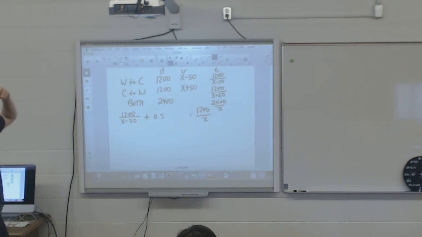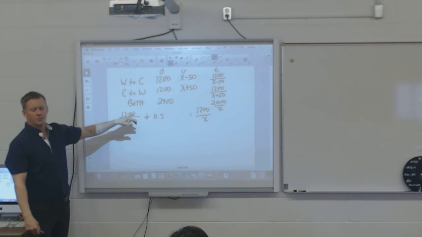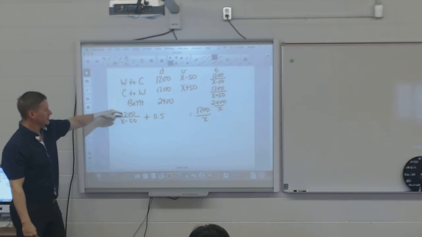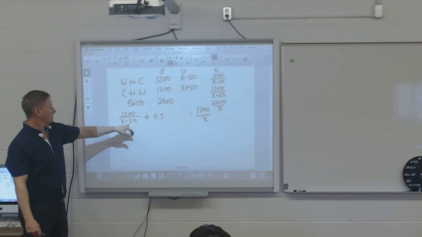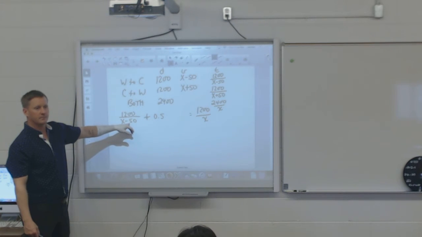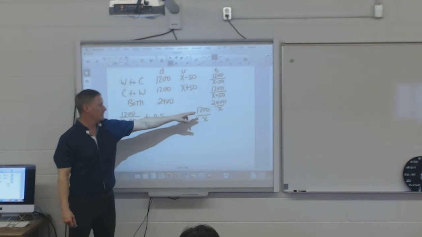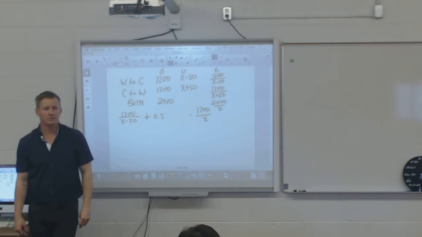Right there. Flying from Winnipeg to Calgary or Calgary to Winnipeg? Winnipeg to Calgary is 1,200 kilometers. It's flying in the wind. So it's against them. It's going to take them half hour longer than if you flew there without wind.